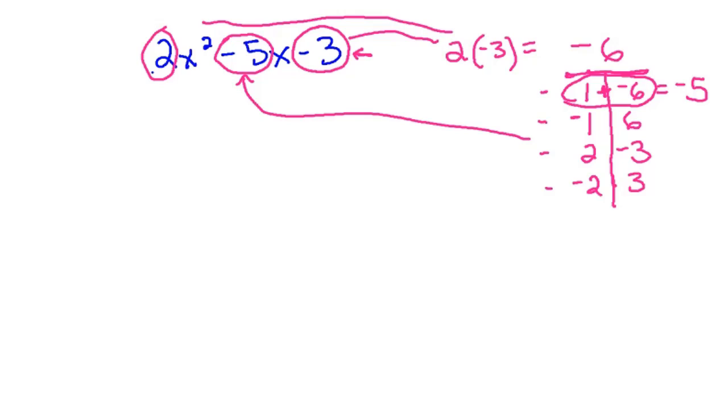But we're going to do something just a little bit different before we put everything into parentheses. We're going to take this -5x and substitute it with the new numbers we have over here. So instead of -5x, we're going to have a positive 1x and a -6x.